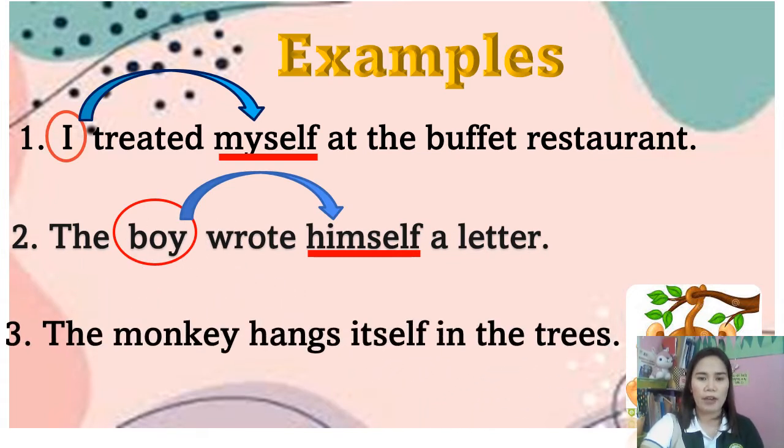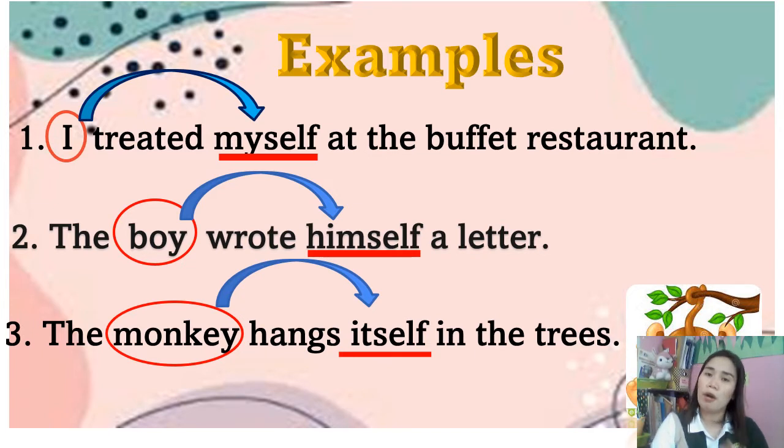Next we have, the monkey hangs itself in the trees. Monkey here is the subject and our reflexive pronoun is itself. Hangs is our verb, and of course, itself refers to the monkey, which is the subject of the sentence. So again, use a reflexive pronoun when the subject and the object refer to the same person or thing.